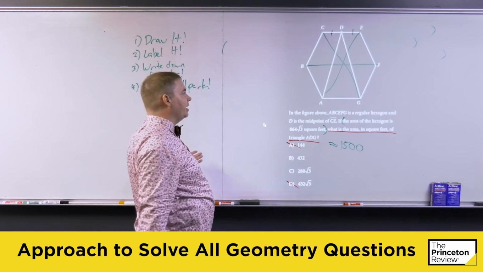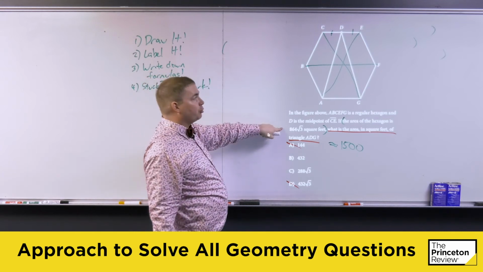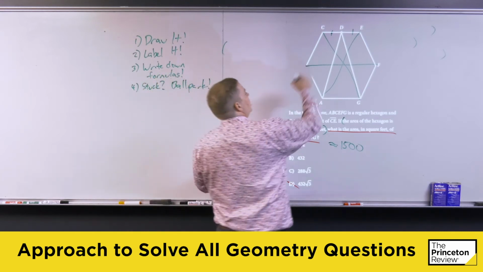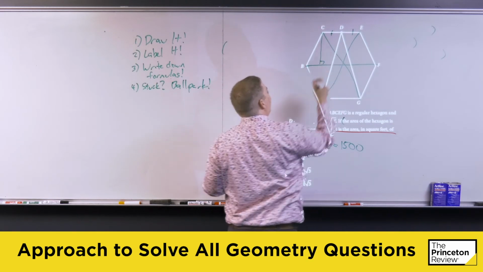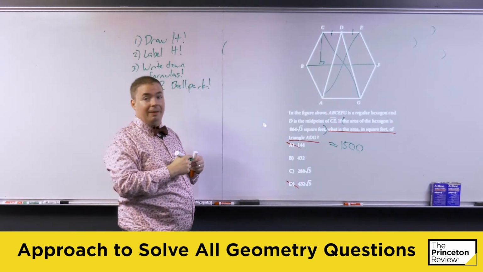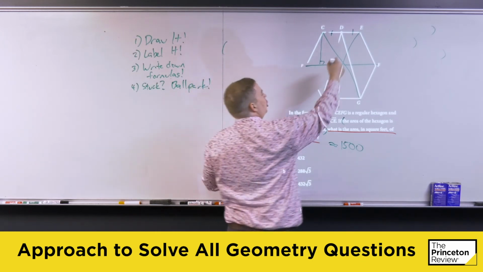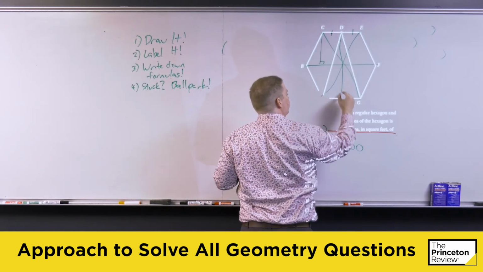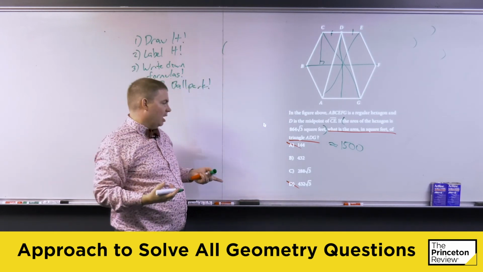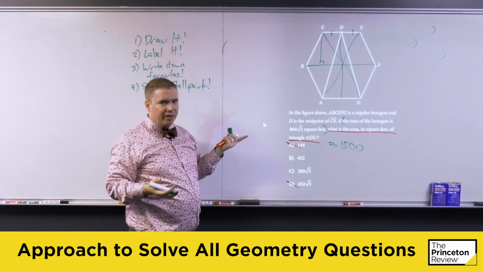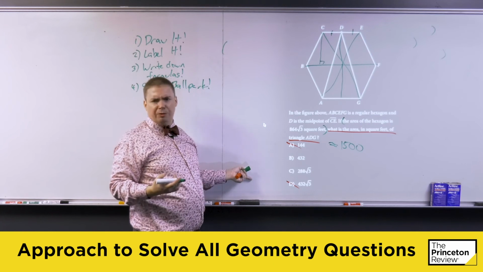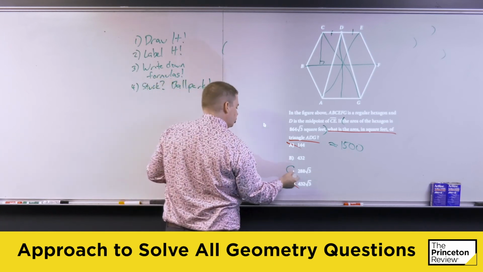What I know about an equilateral triangle is that's where this root 3 is coming from. When I draw in that height, it's going to be root 3 over 2 times the base. This triangle ADG is going to have 2 of those root 3 heights, so my area, base times height, is going to have a root 3 in it. And so I'm going to go with answer choice C.